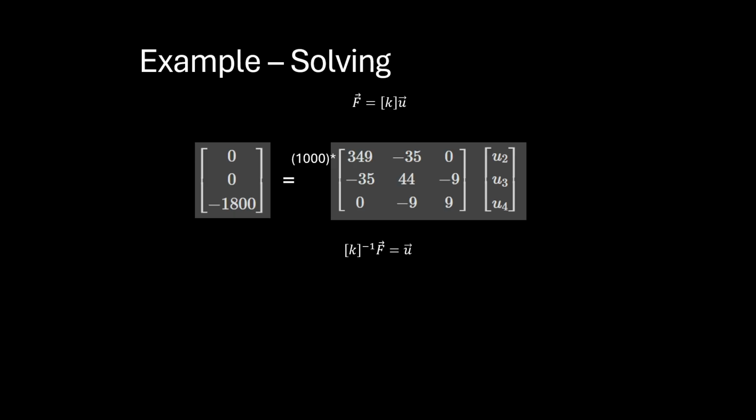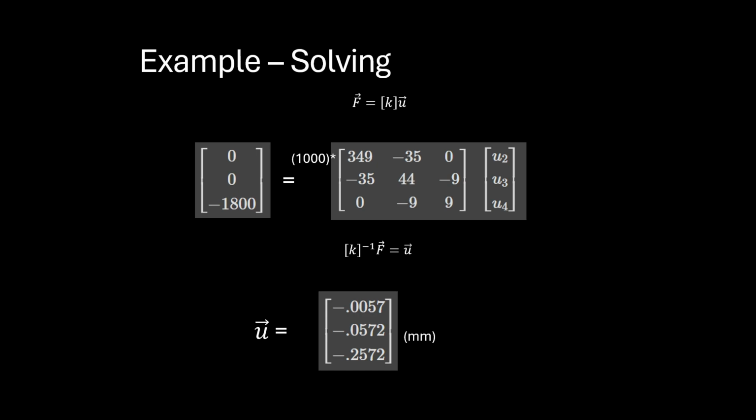So if we invert the K matrix and multiply by F, we can get U, and you can use whatever solver you want to do for that. And basically, drumroll please, our U vector equals negative 0.0057, negative 0.0572, and negative 0.2572 millimeters. So there's our final displacements. Let's move on to post-processing to understand what these mean.